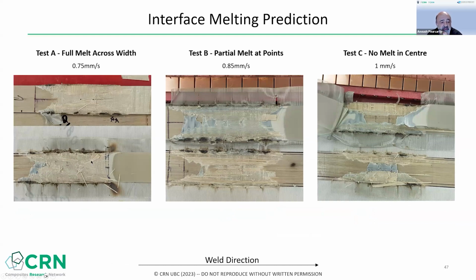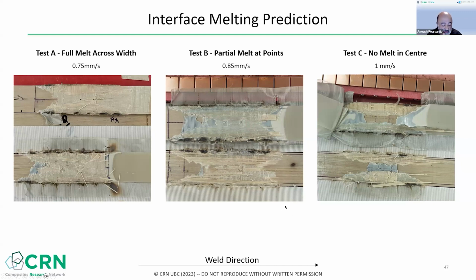This is the start, this is the end, but in the center section, you can see that you've got really good weld. Speed it up just a tad, 0.85, you're starting to see hints that the melt was not complete. Go to 1 millimeter per second, and what you see quite clearly is that you did not melt, and therefore you have obviously a bad weld.